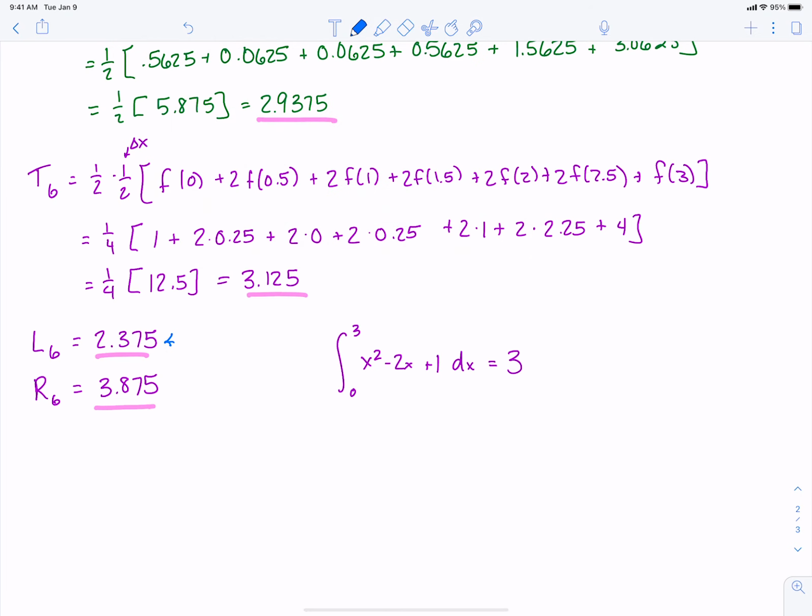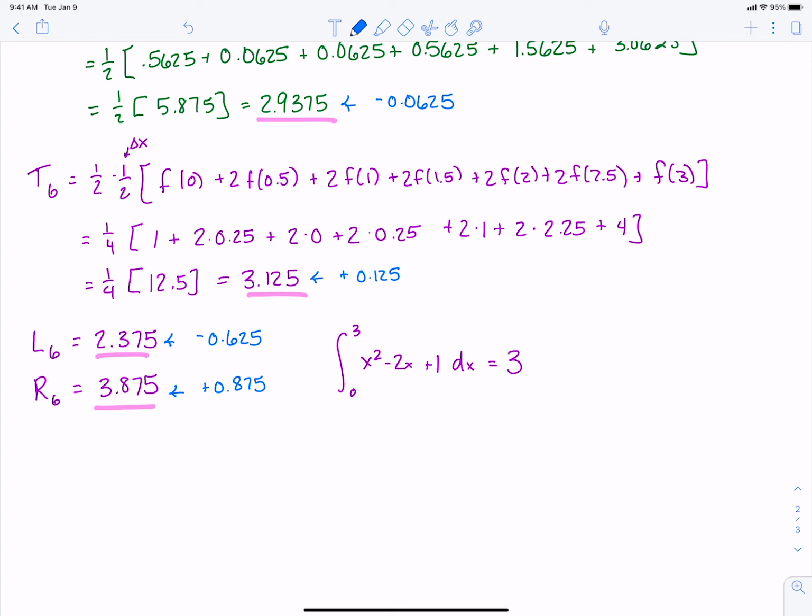You know, this guy is off by, it's sort of low by 0.625. The right-hand sum is an overestimate of 0.875. The trapezoid is an overestimate of 0.125. The best one actually is the midpoint, and it's an underestimate, but it is really pretty close.